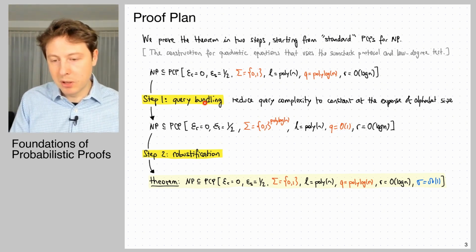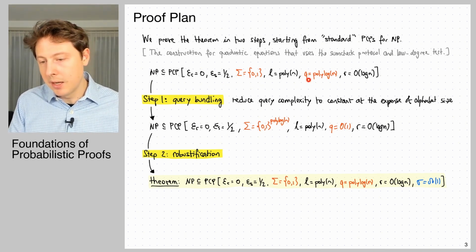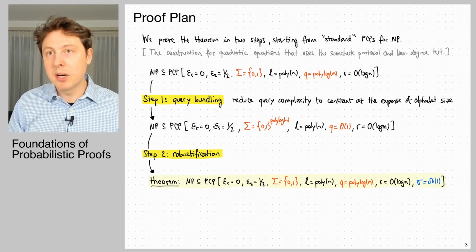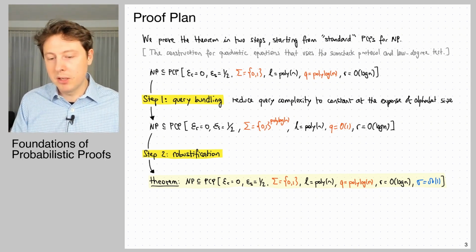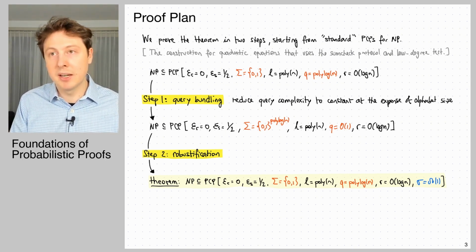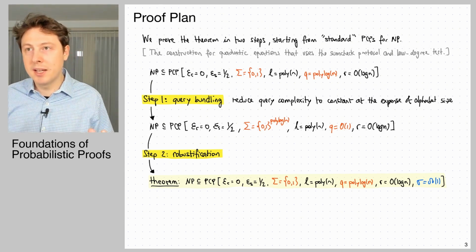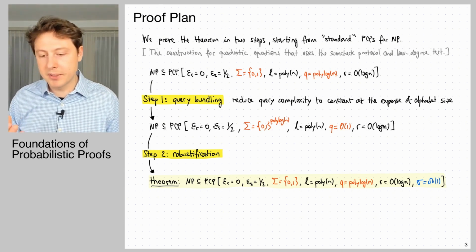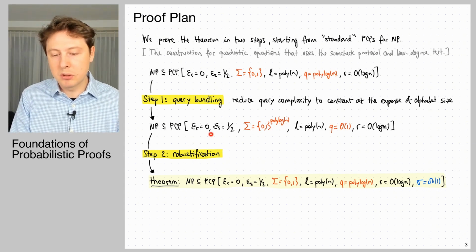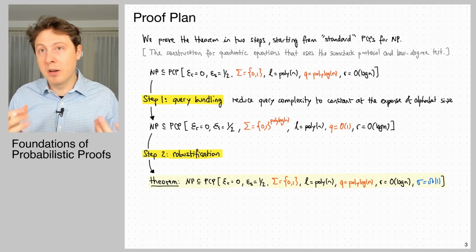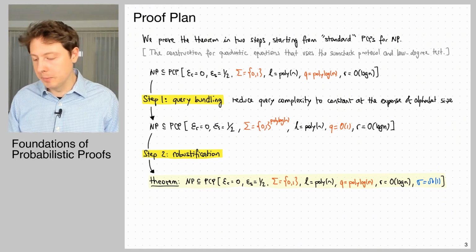And then we saw query bundling, how to take a super constant number of queries and put them in large alphabet symbols, but because of consistency problems, we couldn't afford losing a large soundness error, so we had to introduce these low-degree extensions and consistency checks that are more robust, so that we don't lose in the soundness error here, right?